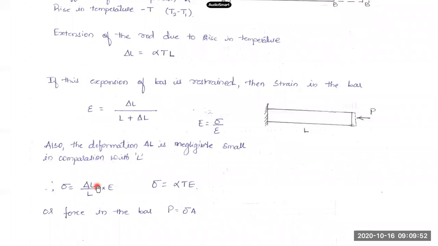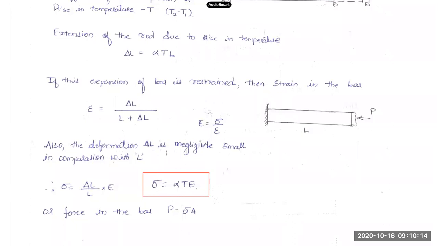So alpha T into L divided by L into E. So this stress is alpha T into E. This is the stress due to change in temperature. This is our expression for the stress due to change in temperature, alpha T into E.